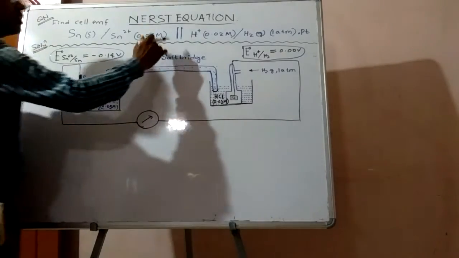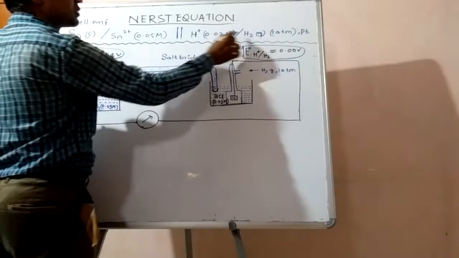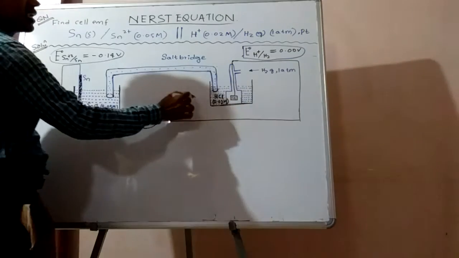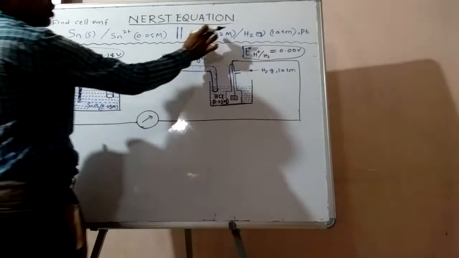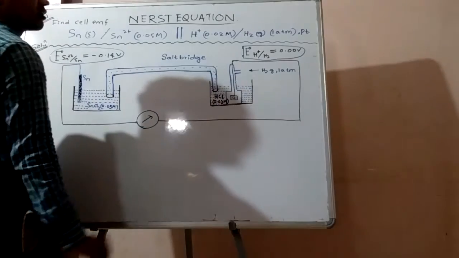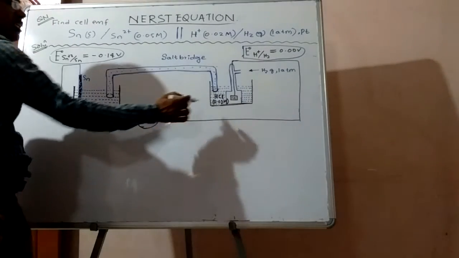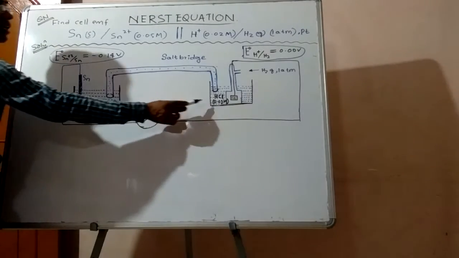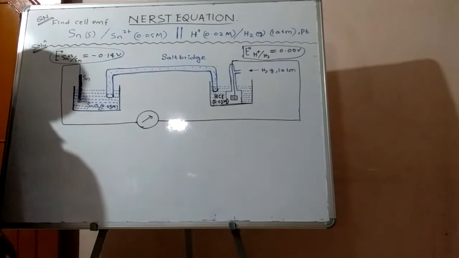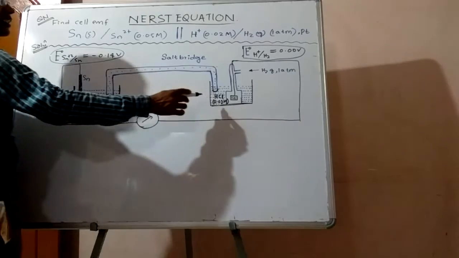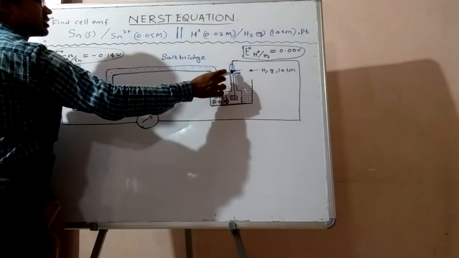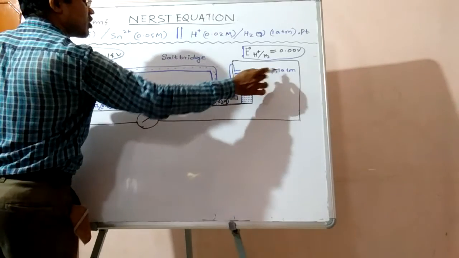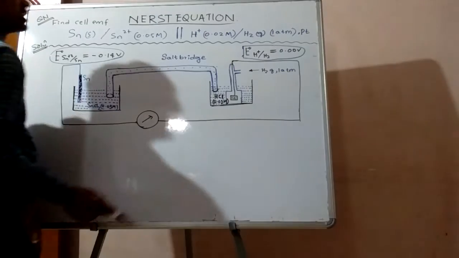Next, right of the salt bridge, there is H plus. This means H plus is converted to H2, that means there is reduction. So H plus means HCl solution, and its concentration is 0.02 molar. And H2 means H plus is converting to H2 and it's given out, and the pressure maintained here is 1 atm.